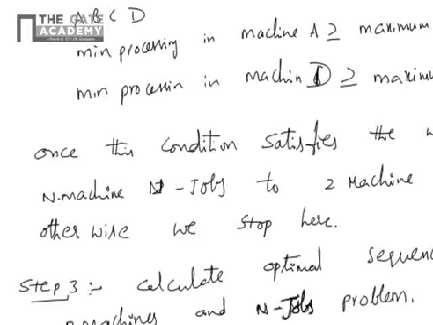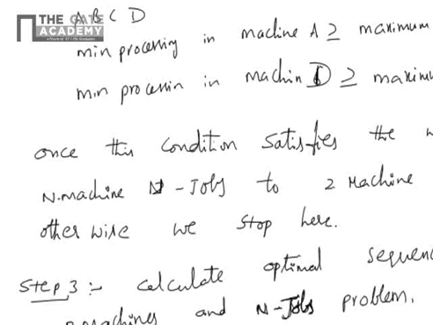Mostly, whenever they give the question, it is two machines and n jobs only. These minimum conditions we need to check only if there are more than two machines. If there are exactly two machines, then there is no need to check.